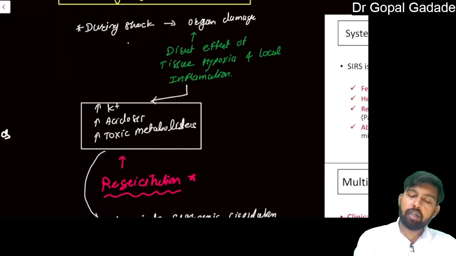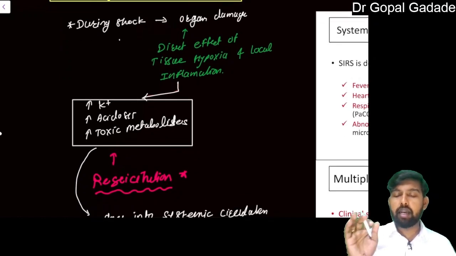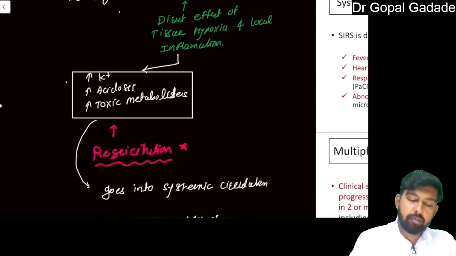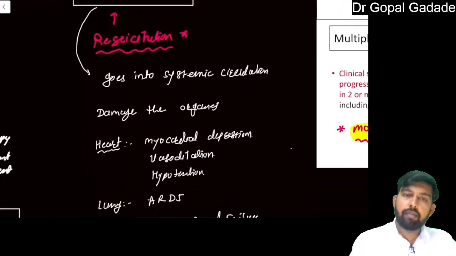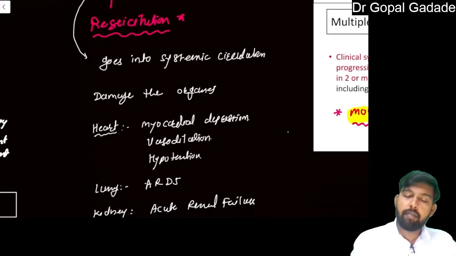During the shock state, there is organ damage due to direct hypoxia and local inflammation, ultimately leading to hyperkalemia, acidosis, and increased toxic metabolites. After resuscitation, these metabolites come into the systemic circulation, which damages the organs.